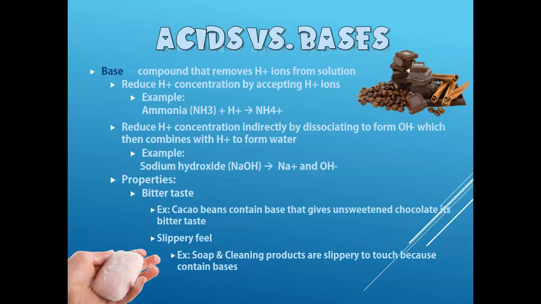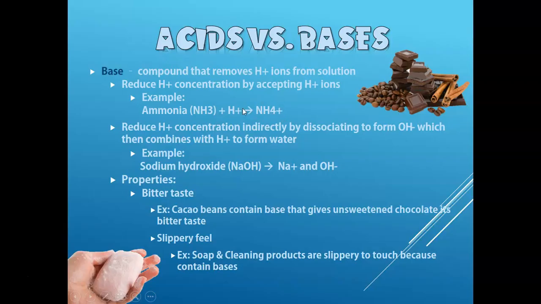The opposite then are your bases. And basic compounds are once again solutes that I'm dissolving in water, making that solution, but now these bases are going to remove H+ from solution. And they can do that actually in one of two different ways. Either they're going to remove those H+ because there's something like ammonia, and ammonia is NH3, but it's actually more stable as an ammonium ion, which is NH4+.